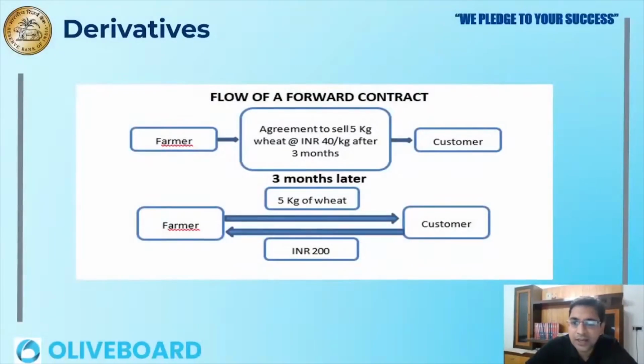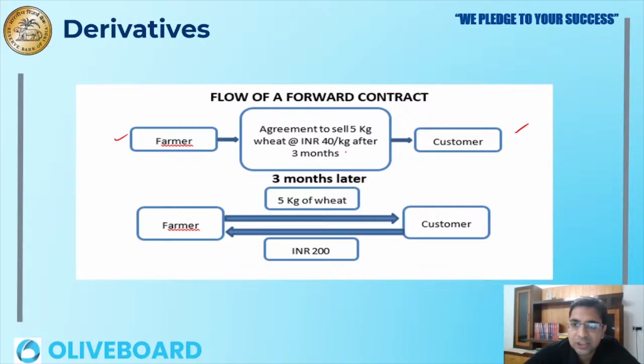So here is a short example of how a forward contract works. There is a contract between a farmer and a customer. The customer can be anyone, like you can call Ashirwad, they're selling wheat only, right? So there is an agreement between a farmer and a customer. The main agreement is that the farmer will sell 5 kg wheat at rupees 40 per kg after 3 months.